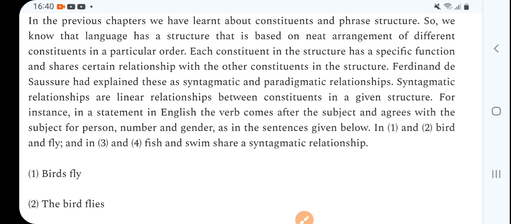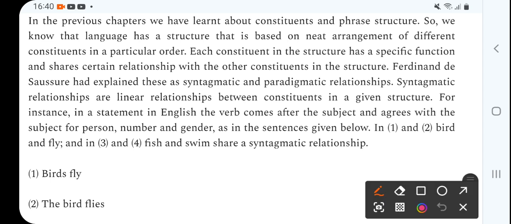Now Ferdinand de Saussure explained these as syntagmatic and paradigmatic relationships. These are very important technical terms. First we will understand the syntagmatic relationship.